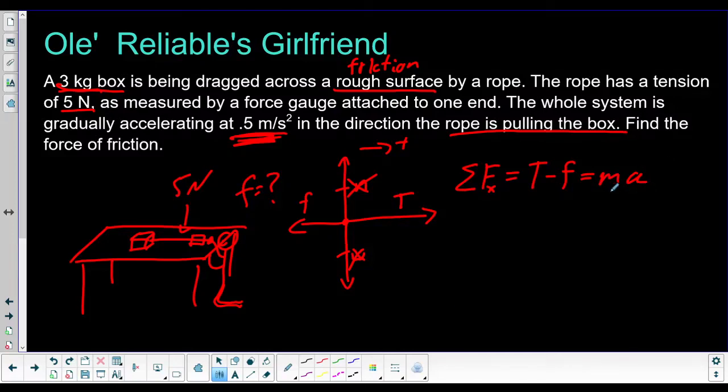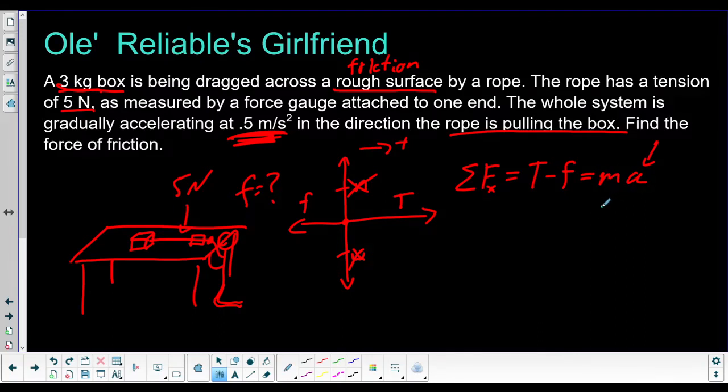We're saying mass times acceleration here instead of 0, because we use 0 when acceleration is 0, because 0 times anything is 0. But here it's 0.5 meters per second squared. So let's go ahead and plug in what we know, and then we're going to solve for the missing force that we don't know.